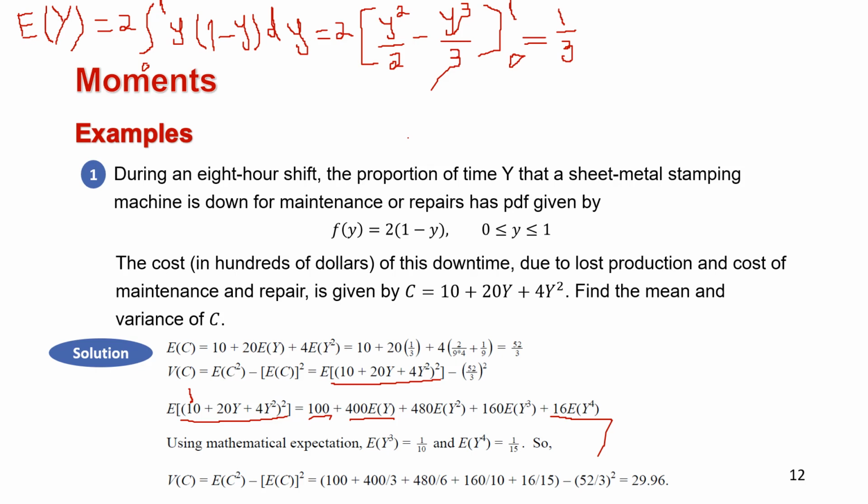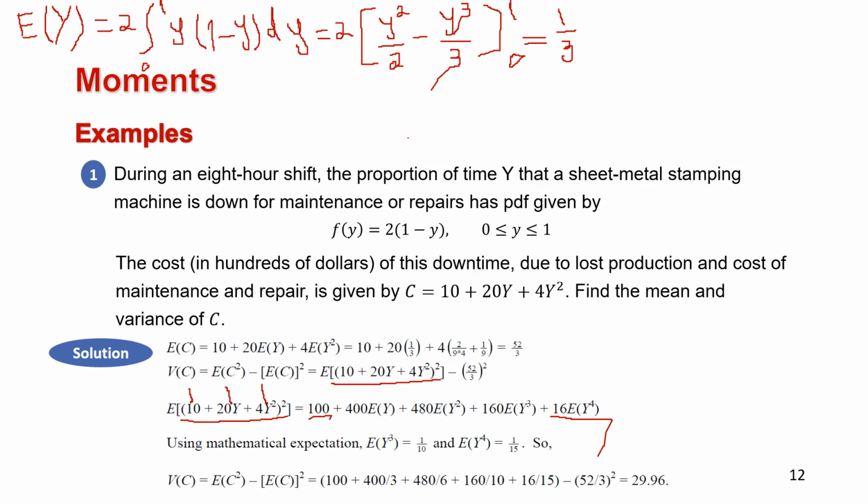Here we square each term: 100, 400y square, and 16y to the power 4.